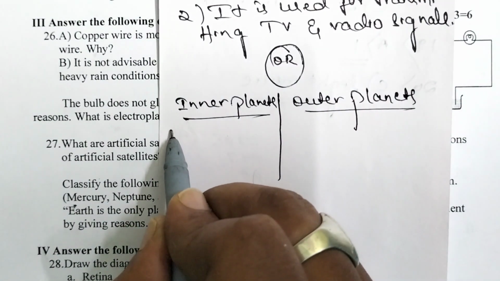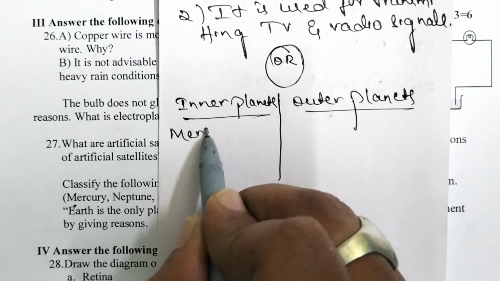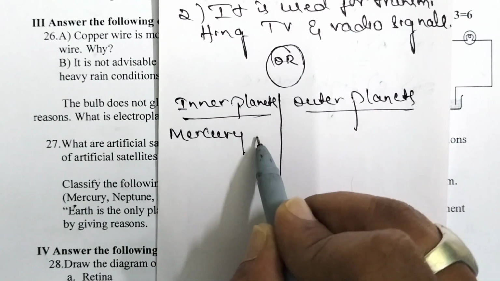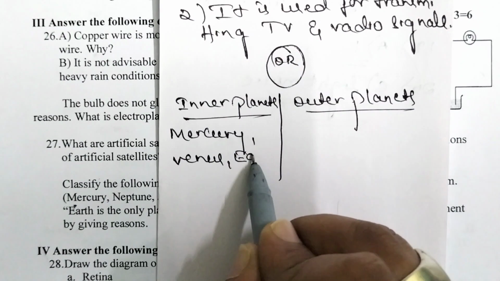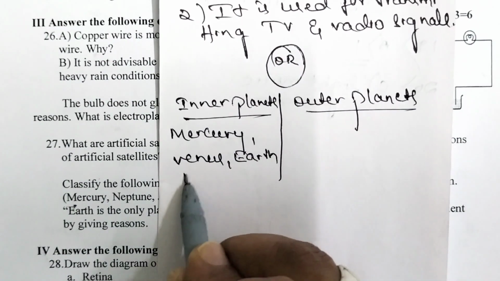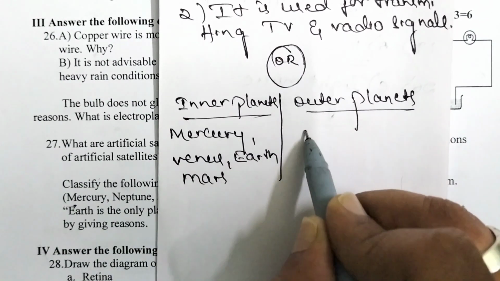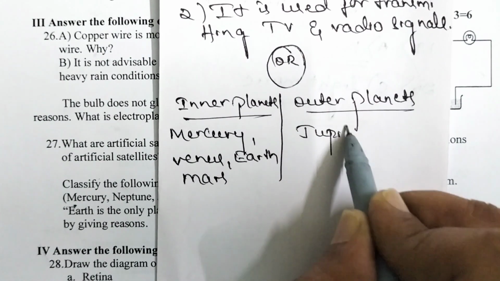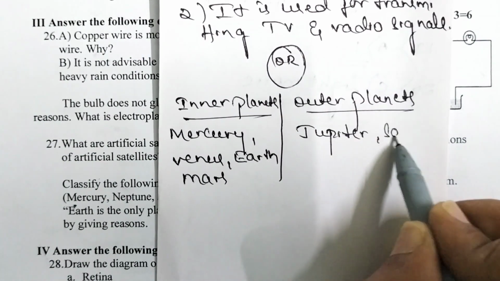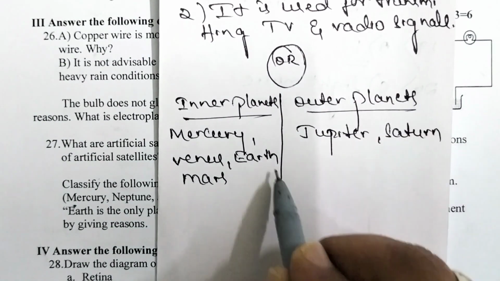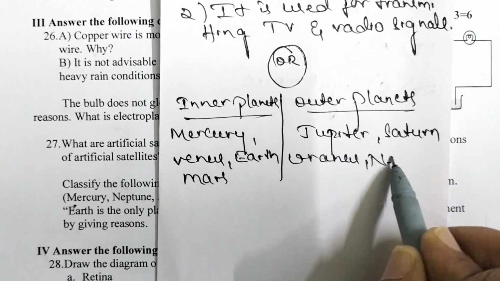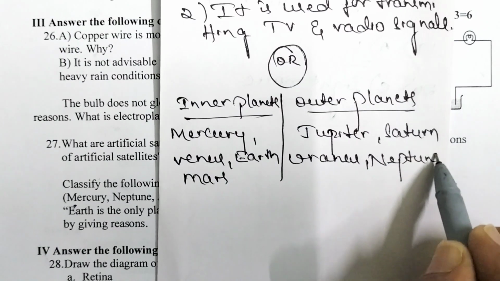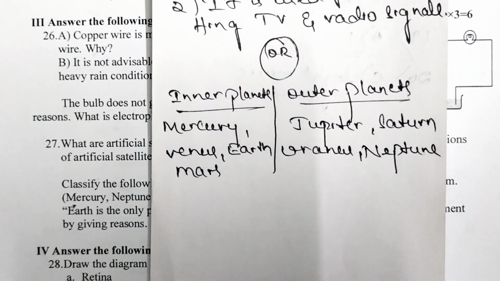So inner planets: Mercury, then Venus, Earth, Mars. Then the outer planets are Jupiter, Saturn, Uranus, Neptune. So like this we have to classify them as inner planets and outer planets.